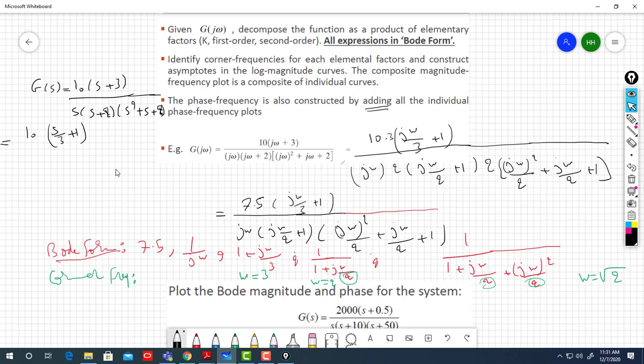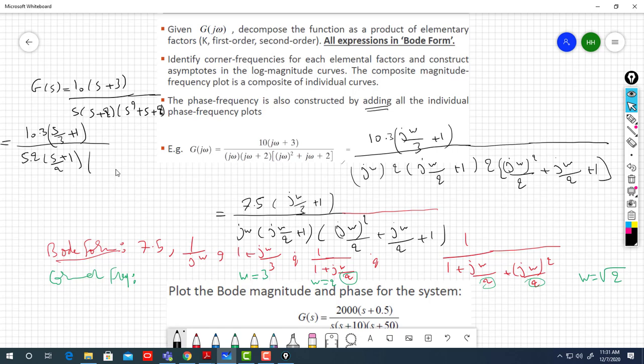We know s over 3 plus 1 is a derivative factor with a corner frequency equal to 3. Then s is a pure integral, we know how to draw it. Here we take the 2 common, s plus s over 2 plus 1, and we know how to draw 1 over s over 2 plus 1.